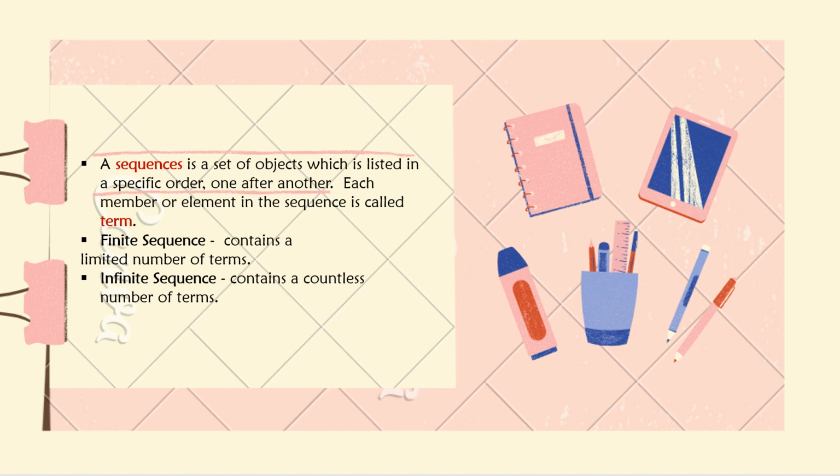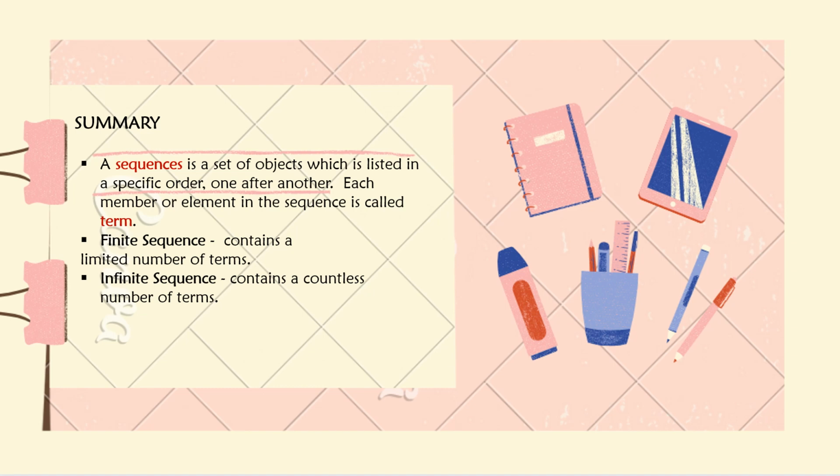Okay, so I hope you understand our lesson. Okay, so for our summary, we have again the definition of sequence, so that is a set of objects which is listed in a specific order or one after another.